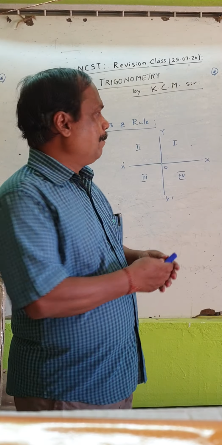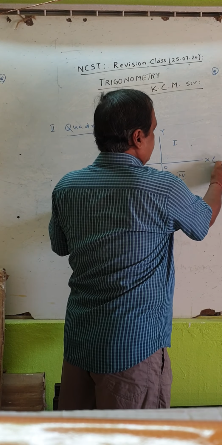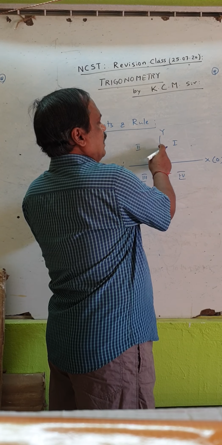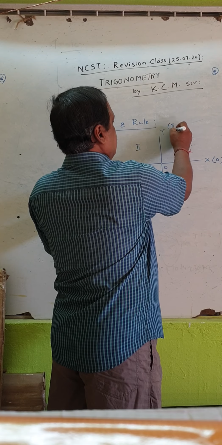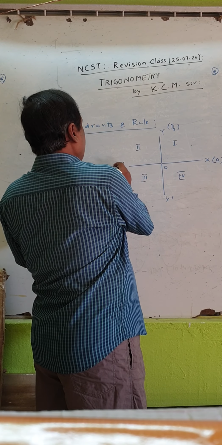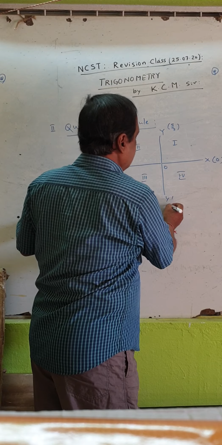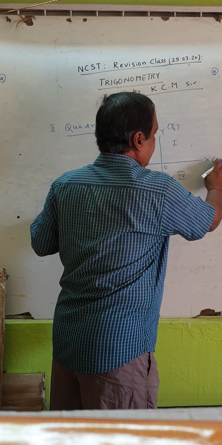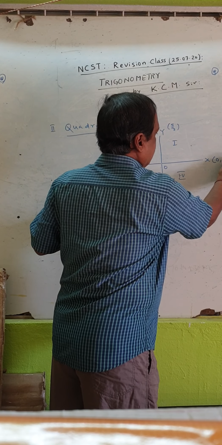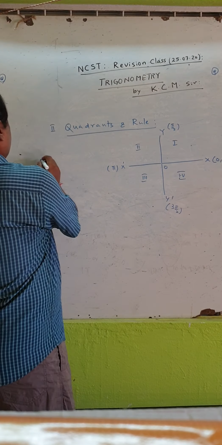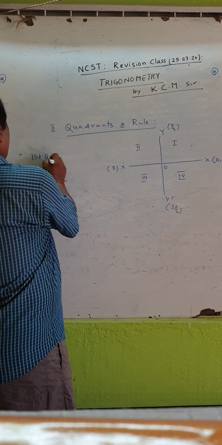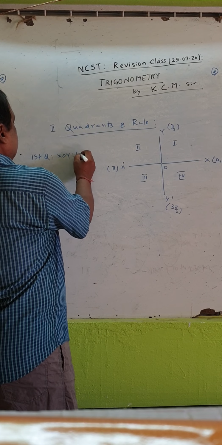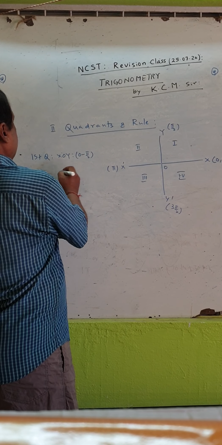So coming to angle, this is the starting line, this is 0. This covers 90, so this is 90. From here, this is up to 180. From here, this is 270, 3 pi by 2, that is 90 into 3. Then again up to 360, that is 2 pi. So therefore, your first quadrant XOY is 0 to 90.